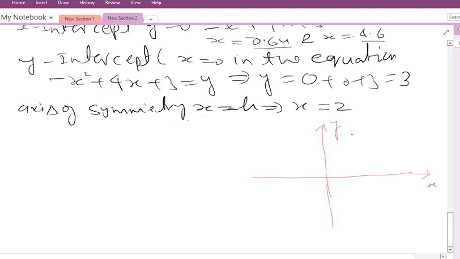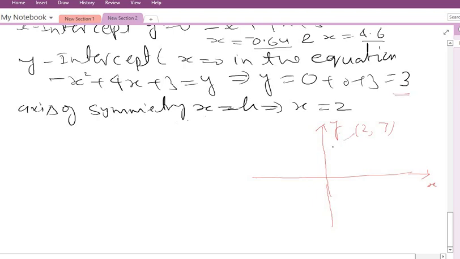I am assuming this is the vertex 2, 7. Because a is negative, the graph opens down. We check the y-intercept to see whether it will cross the y-axis, and yes, the y-intercept is here.